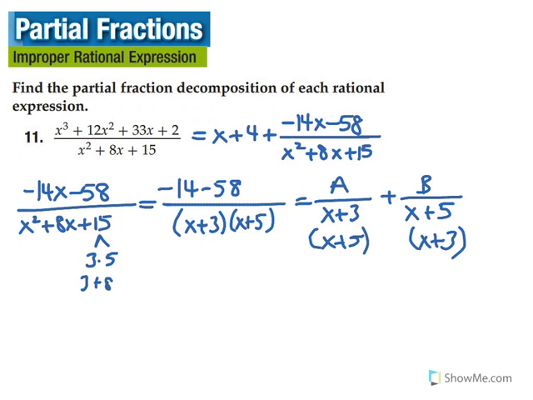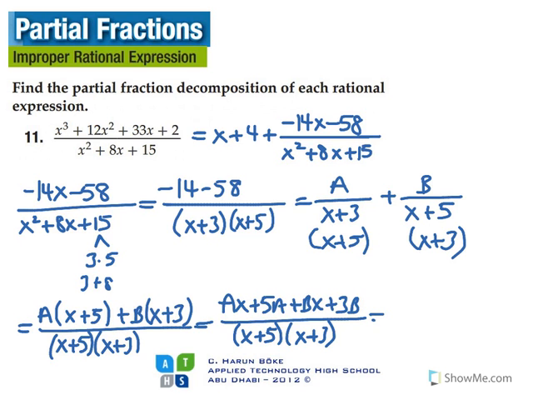Then I will have this expression, so I will take into common parentheses a plus b for x plus 5a plus 3b over x plus 5 and x plus 3.